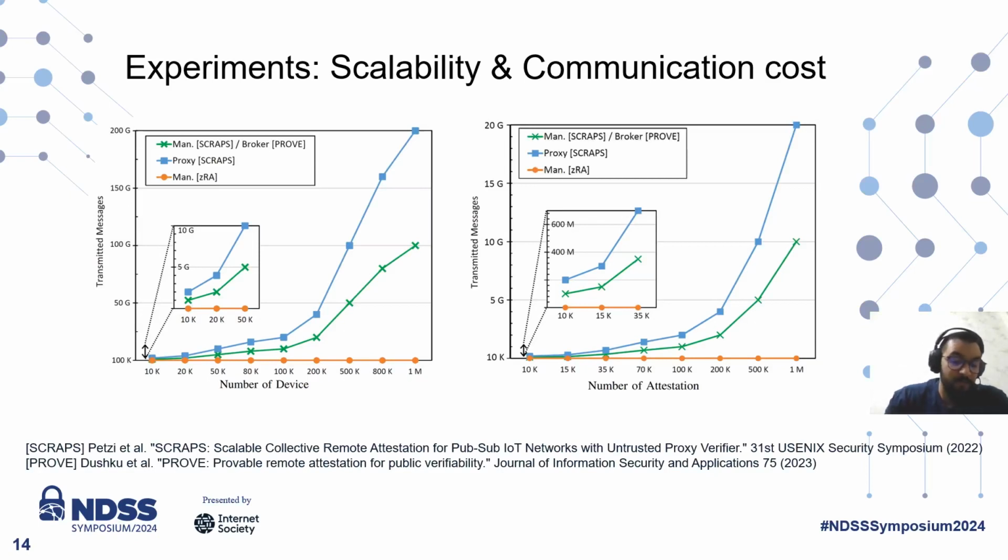This is in contrast with the previous work, where the total communication complexity of the trusted parties, such as the proxy or some brokers, scales with the number of attestations multiplied by the number of devices.